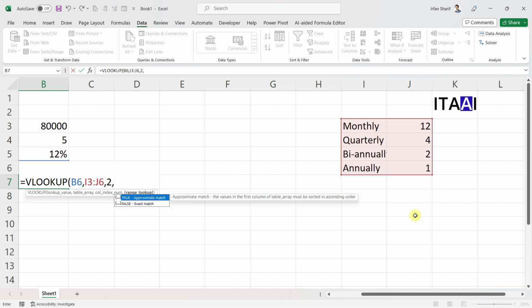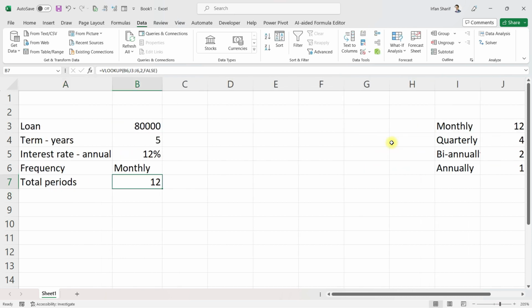Then we give the argument of false to make sure that the exact match is selected. Now press enter and your value would be selected. If we select quarterly here, you can see that the answer is 4. If we select biannually, the answer is 2 from this list, and if we select annually, the answer is 1.